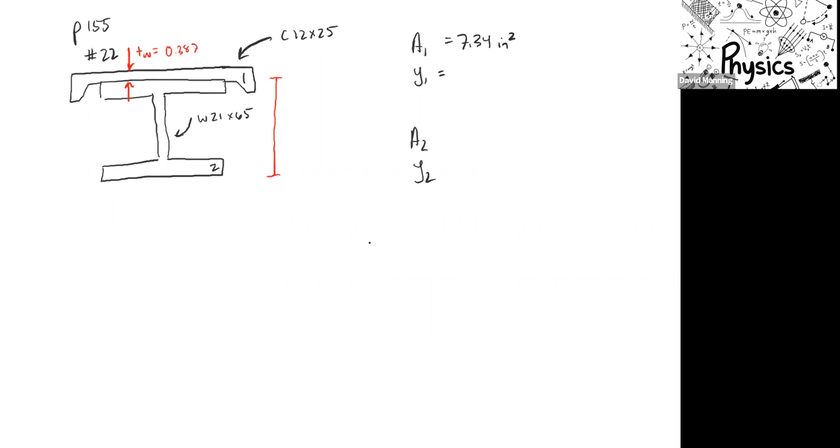There it is, table A, not table J. I just said it wrong. It came out of my mouth wrong. So we got a 21 by 62. We have an area of 18.3.